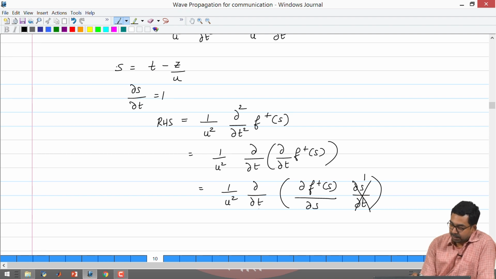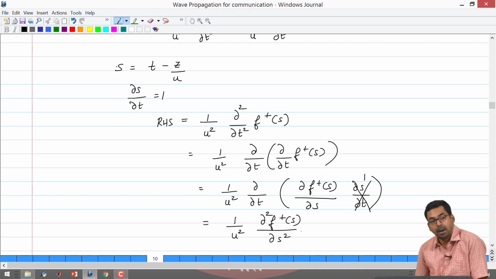Now, we need to find the second derivative, right, and we use the same process once again. So, you will end up getting 1 by u square dou square f plus of s by dou s square.